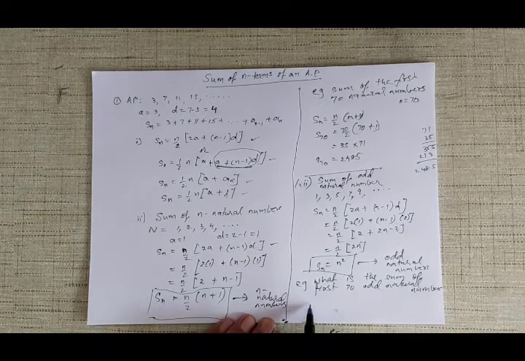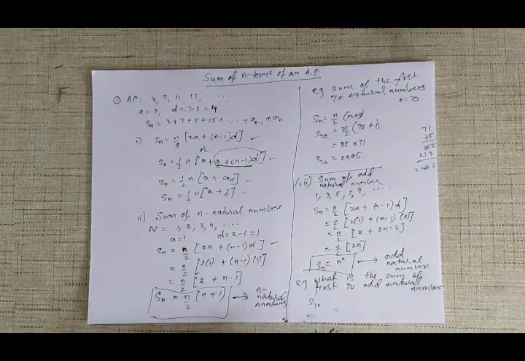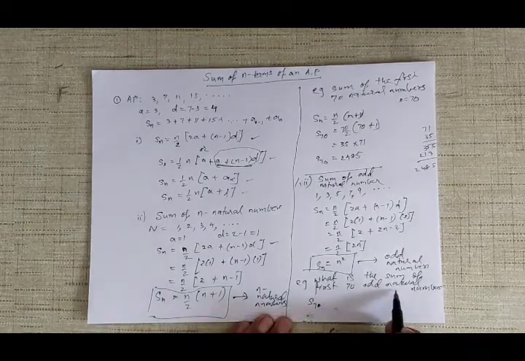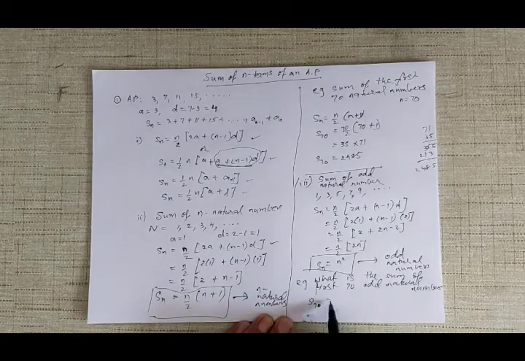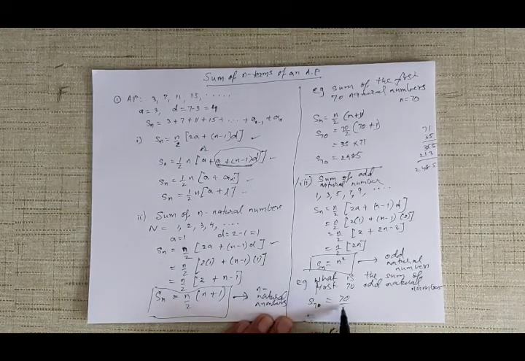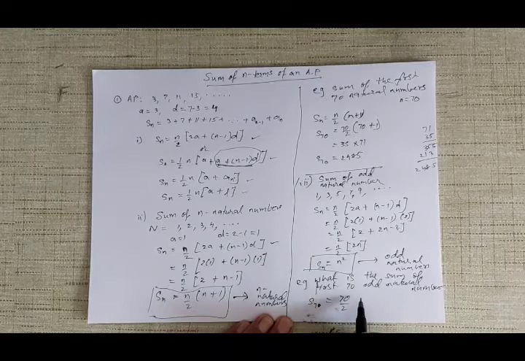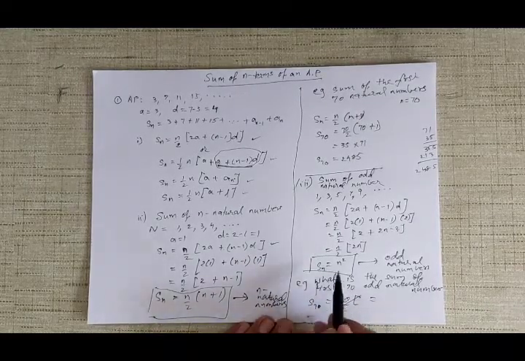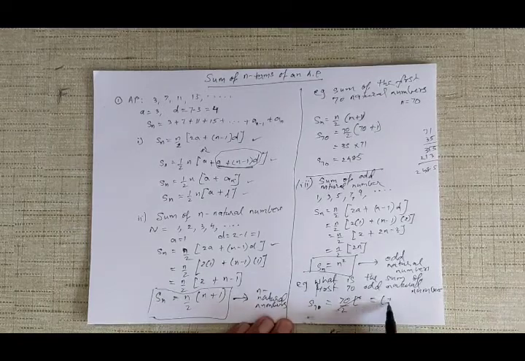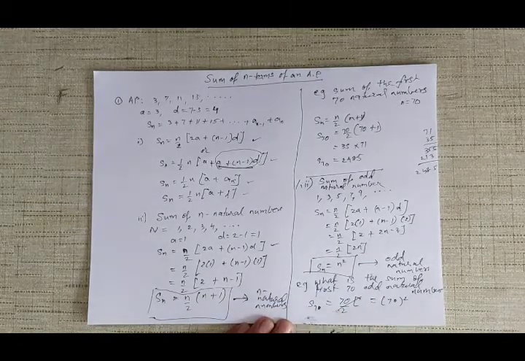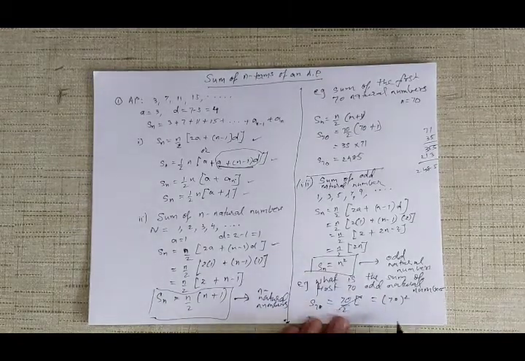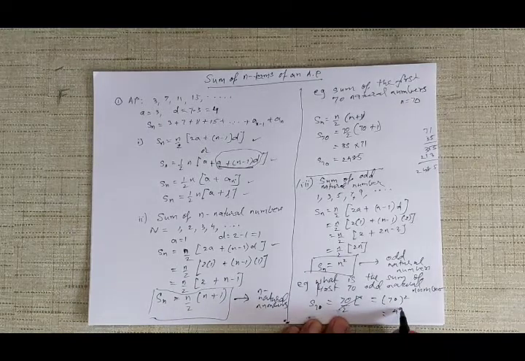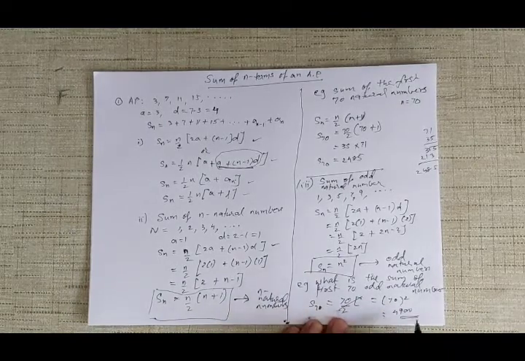So n is equal to 70, but we are not asking for natural numbers, but odd natural numbers. So S of n is n square, that is actually 70 square. For odd numbers, 7 sevens are 49, 4900.